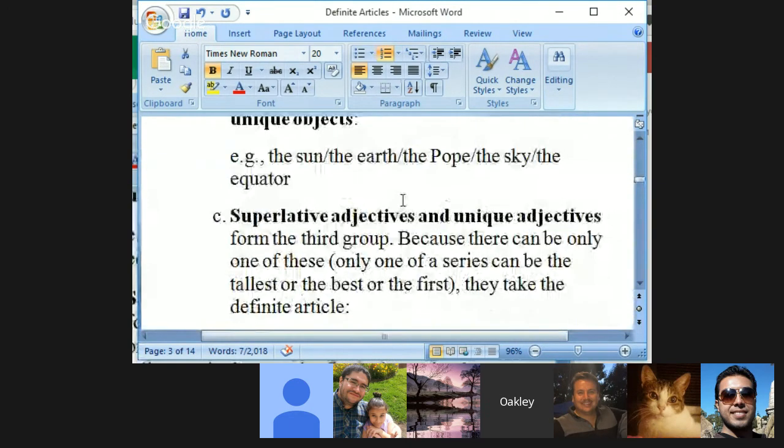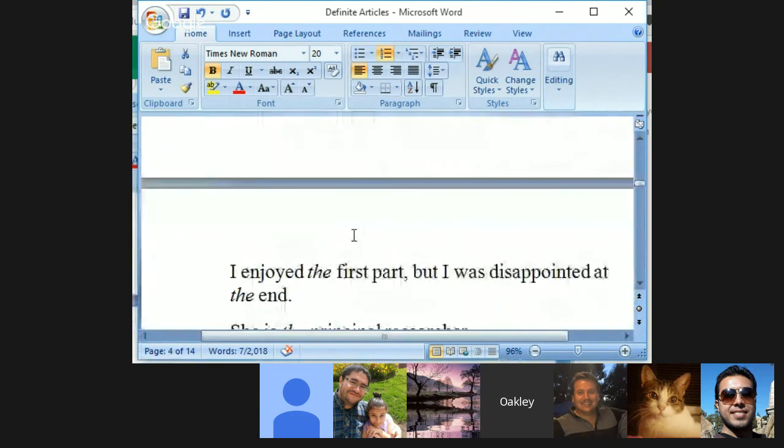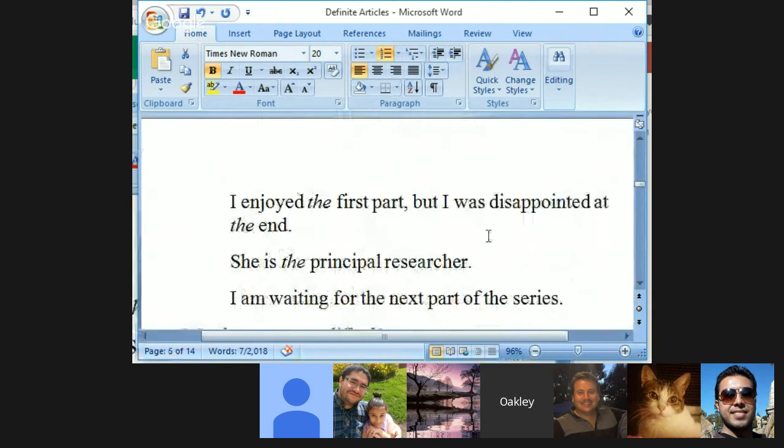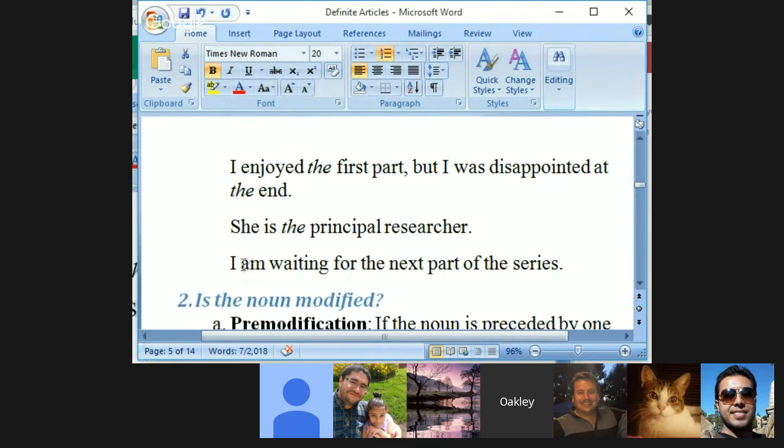I can't wait for the next Mission Impossible movie. To some degree it's unique, but it's also shared experience or knowledge. You might assume that your listener knows that the last Mission Impossible movie came out. But when you use the next, it's always the.